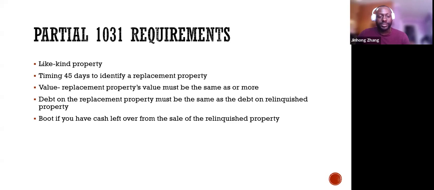So debt on the replacement property must be the same as debt on the relinquished property. And then again, boot is any cash left over from the sale of the relinquished property after buying the replacement property. So the IRS considers the remainder capital gains, and you'll be taxed on the remainder.